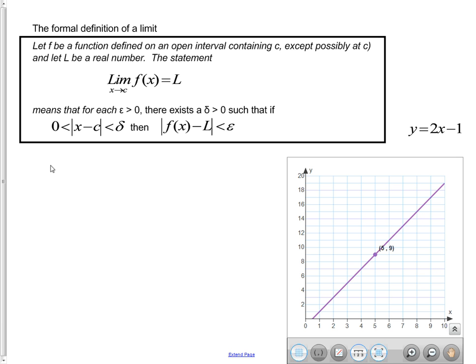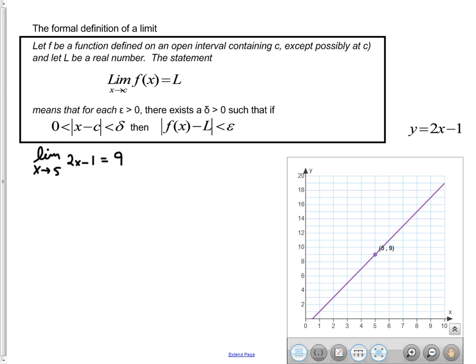So what we really want to try and do is verify using this definition what is meant if we say that the limit as x approaches 5 of the quantity 2x minus 1 is the value 9.